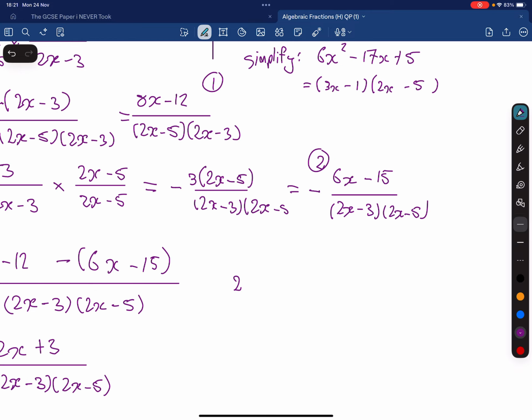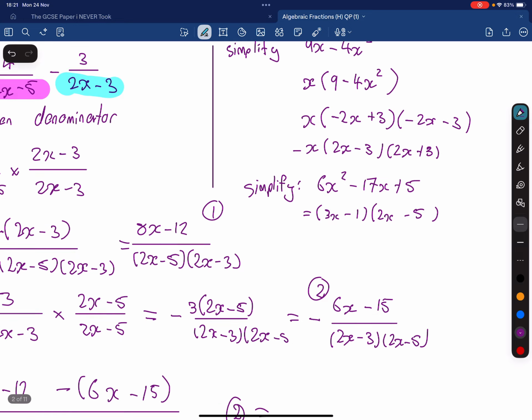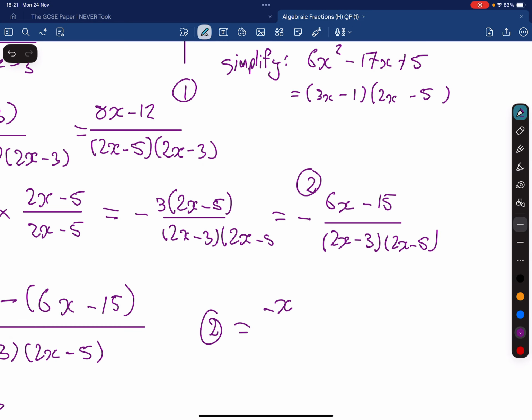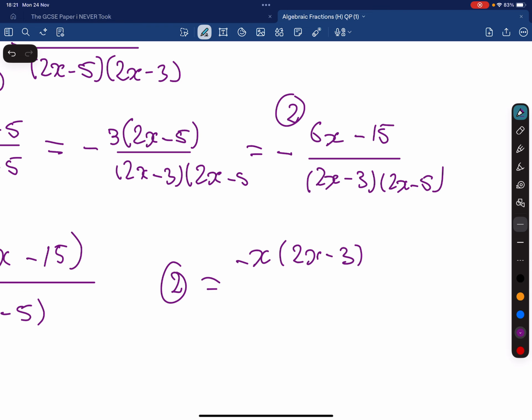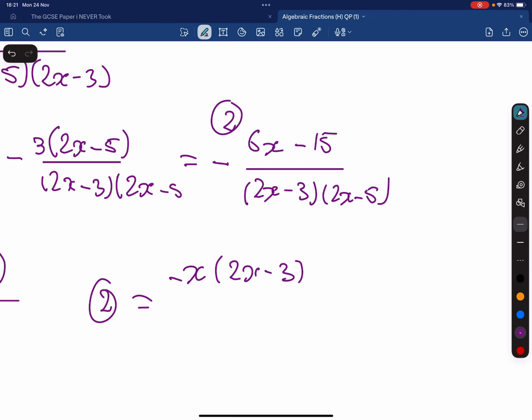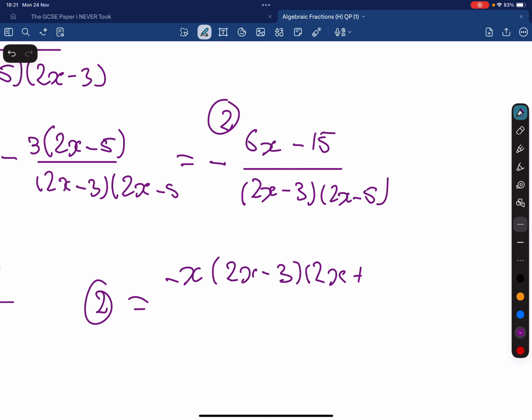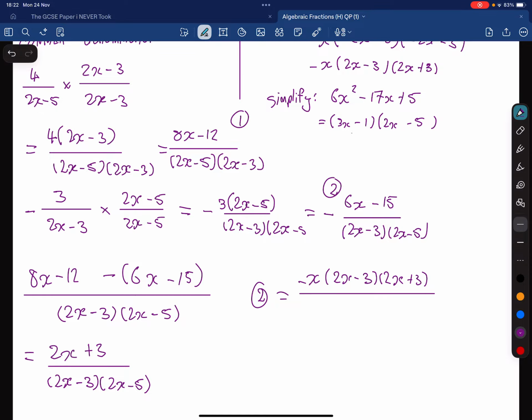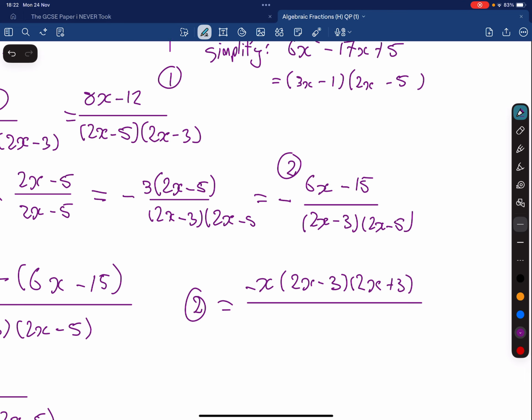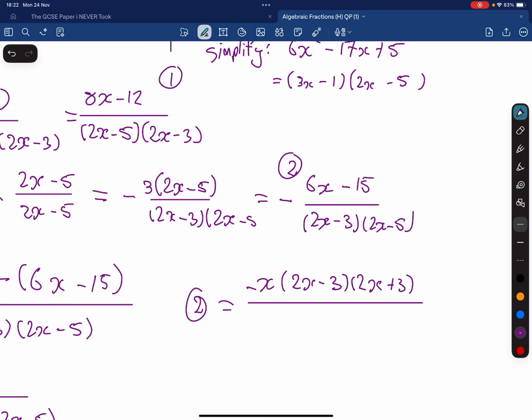So now we have this second bit, which we can simplify down to minus x, 2x minus 3, 2x plus 3, all divided by this gnarly beast as well, which would be 3x minus 1, 2x minus 5.